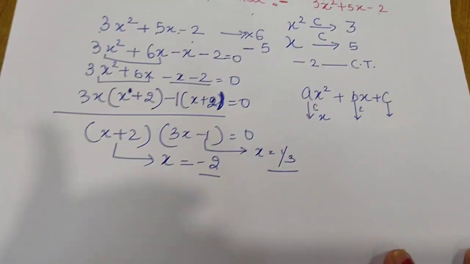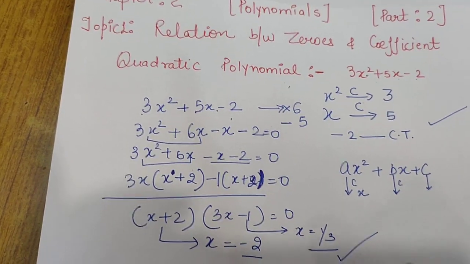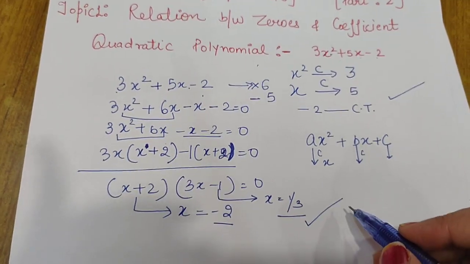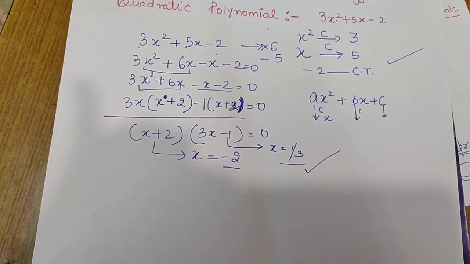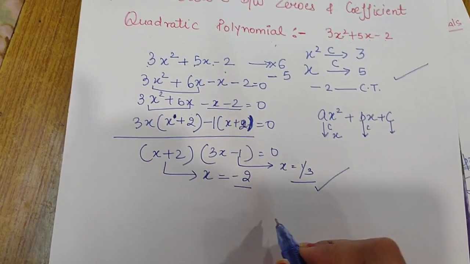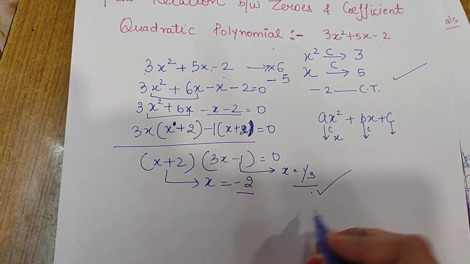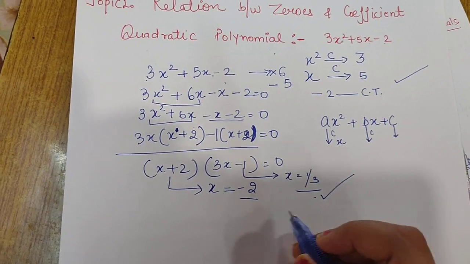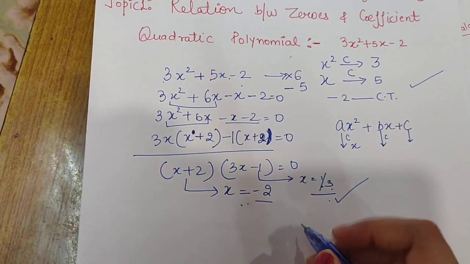Now, because we know the coefficients and we know the zeros also, I will tell you about the relation between these two. These are called the zeros of the polynomial, and we denote the zeros by alpha and beta. Anyone you can take as alpha and anyone as beta.